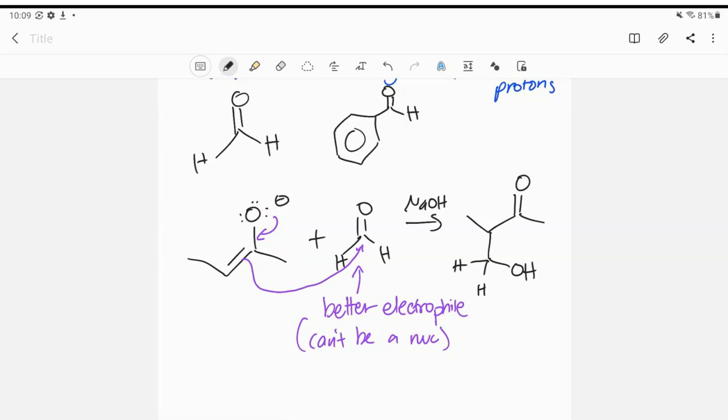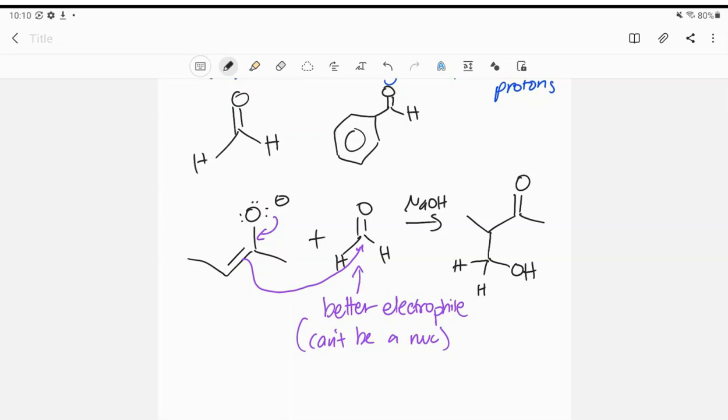So when you're doing a mixed aldol, you have to choose what's your better electrophile, because that's what your nucleophile is going to go after. So that's why you want an aldehyde in here, specifically an aldehyde that can't act as a nucleophile, which means you have a lot of it floating around, ready to be attacked. And so it's simply a matter of convincing this to happen. All right, so you can go ahead and do that.